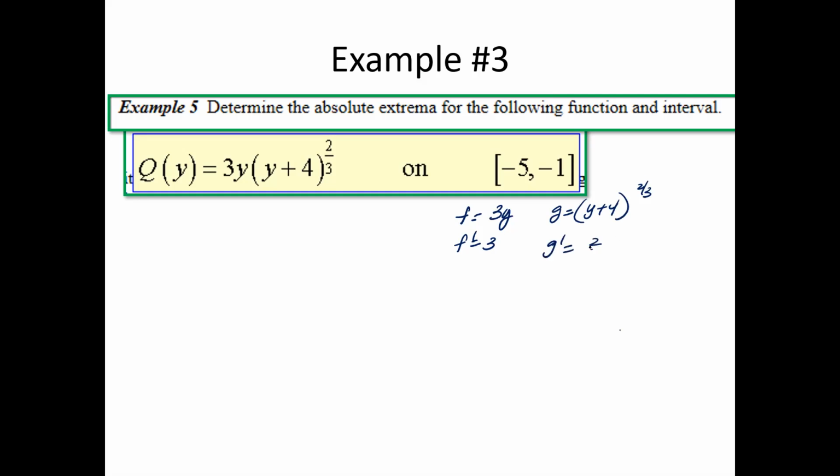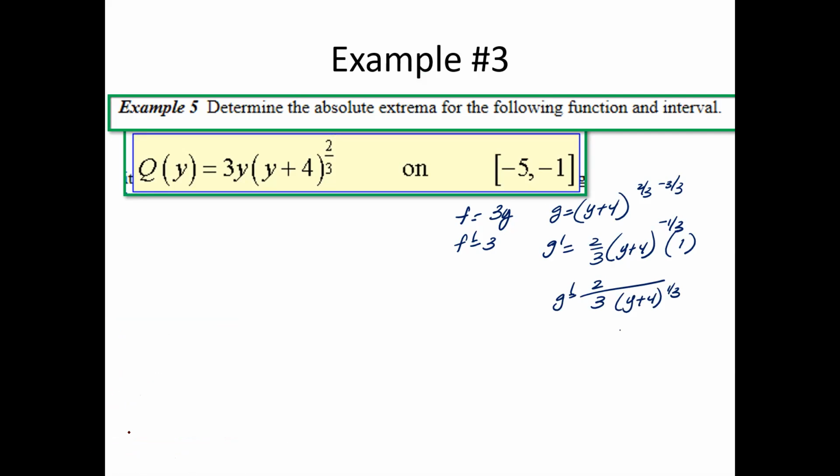So G prime is 2/3 (y plus 4) to the minus 1/3, times the u prime, which is y plus 1. That's just going to give me a 1. If I want to clear this up a little bit, my G prime is going to be equal to 2/3. Bring the parenthesis down to a 1/3, and the 1 doesn't really affect anything, so I'm just going to leave it alone.